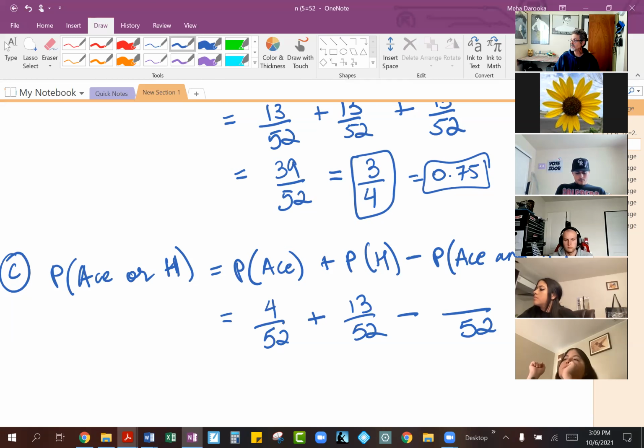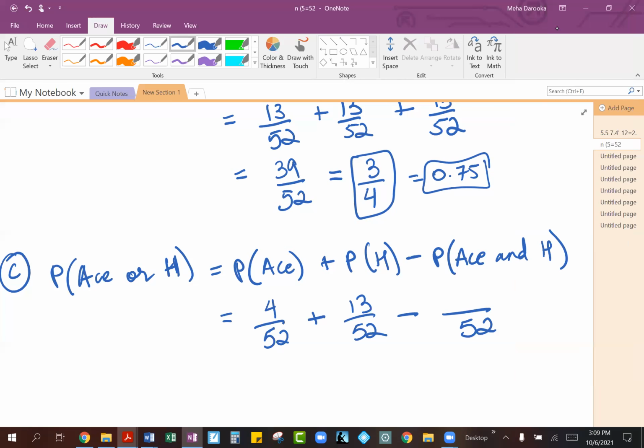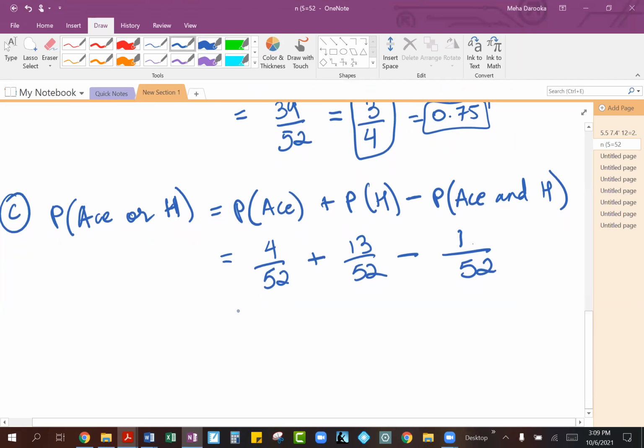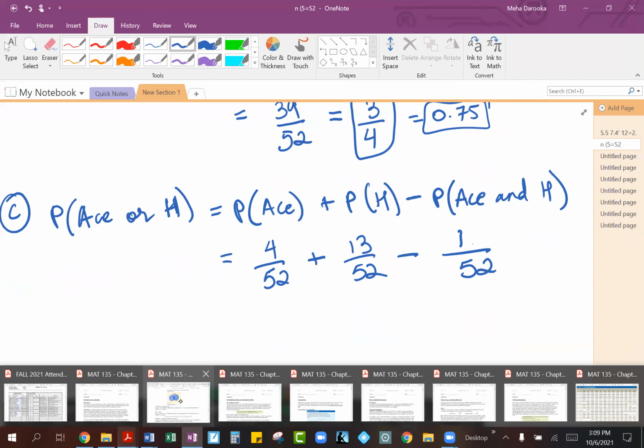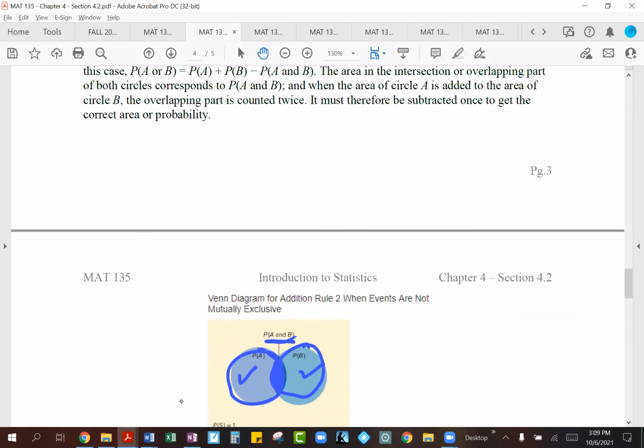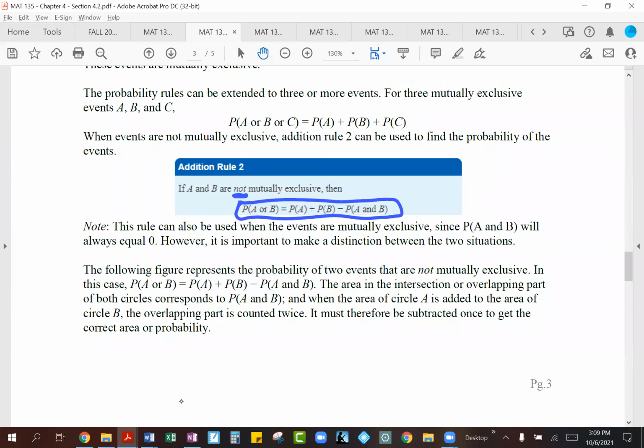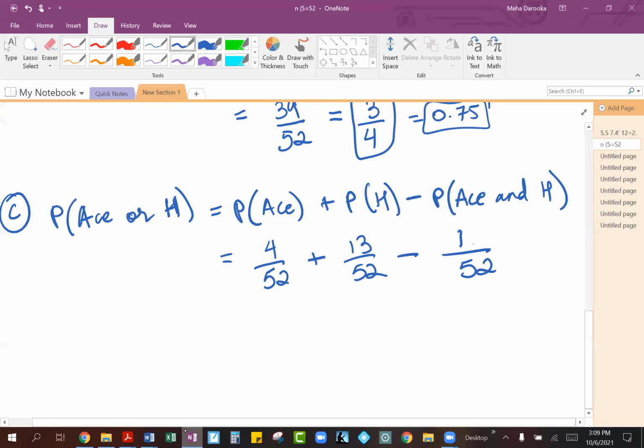Just one, right? Ace of hearts? Yeah, so only one card, because that one card is being counted with the hearts. That same card is also being counted with the aces. So you want to remove that overlap, and that's where that subtraction comes in. And just to show you again, that's this formula we are looking at right over here. Okay. So what does this guy add up to then?